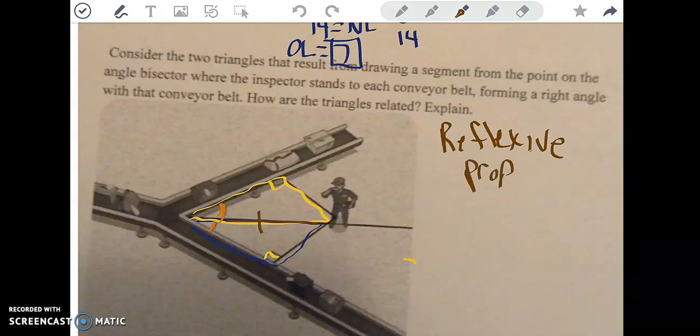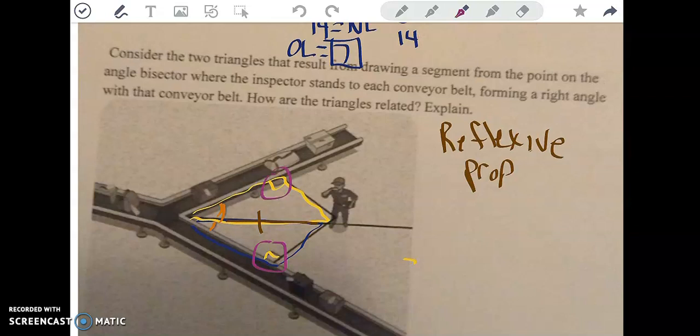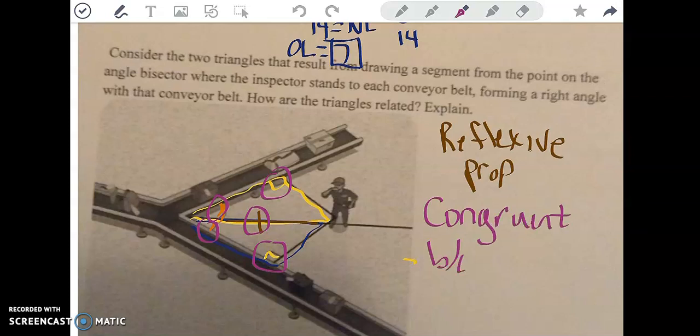So now we have an angle, an angle, and a side. So we know that these two triangles are going to be congruent because of angle, angle, side. That's how these triangles are related: they're congruent based off angle, angle, side.